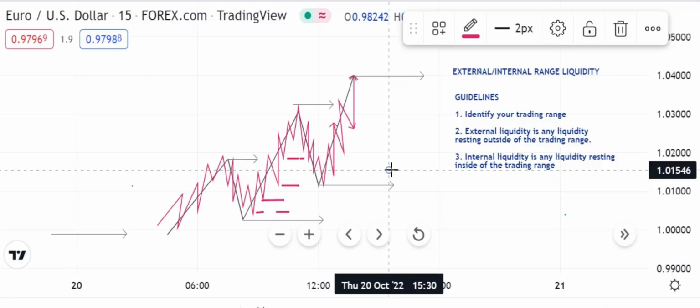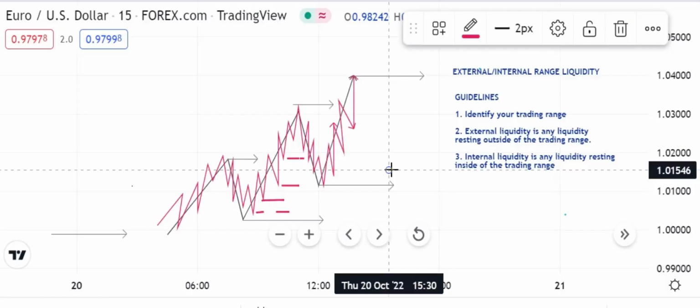All right, they want to purge the liquidity resting inside of your trading range, because they know that retail traders will place their orders there. You need to understand that the institutions will not move price until they purge your orders in order to fill their own orders.